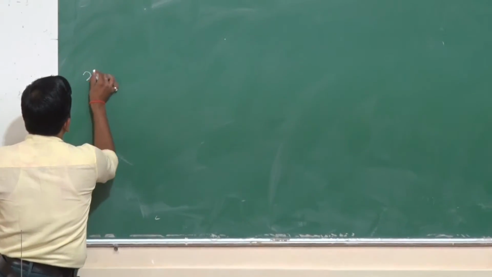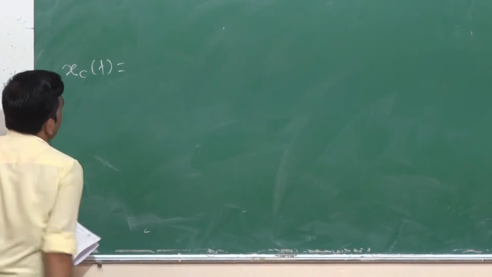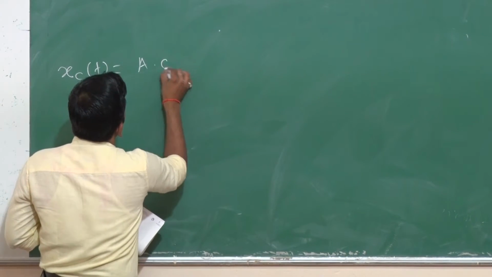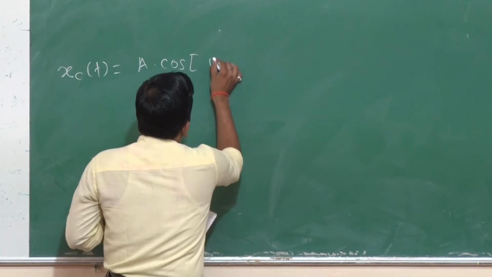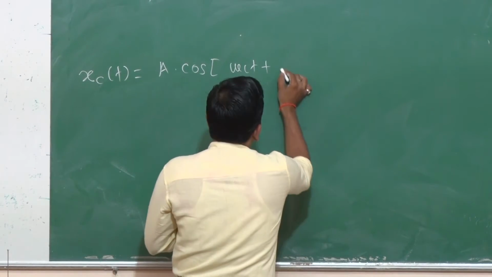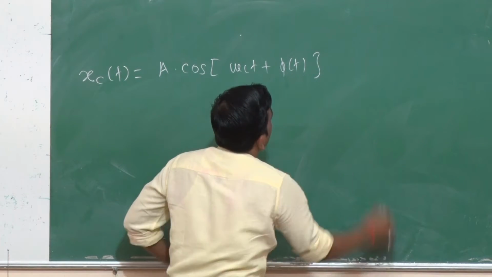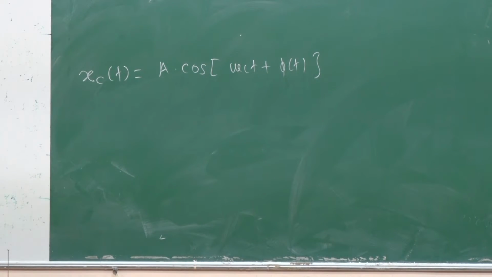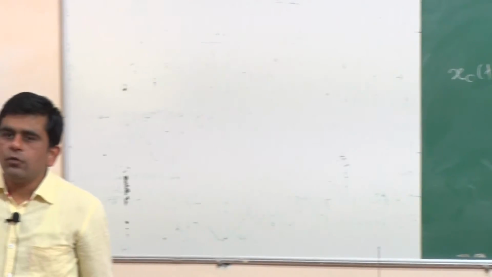Here the modulated carrier for this angle modulated system, that is Xc(t), is given as A cos(omega_c t plus phi(t)), where capital A and omega_c are constant. Phi(t) is a function of m(t).